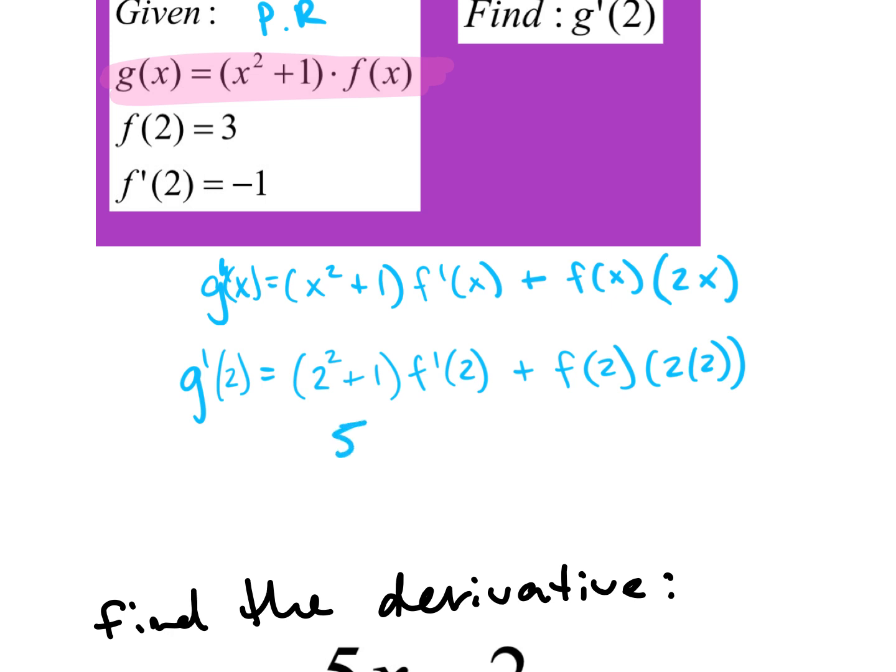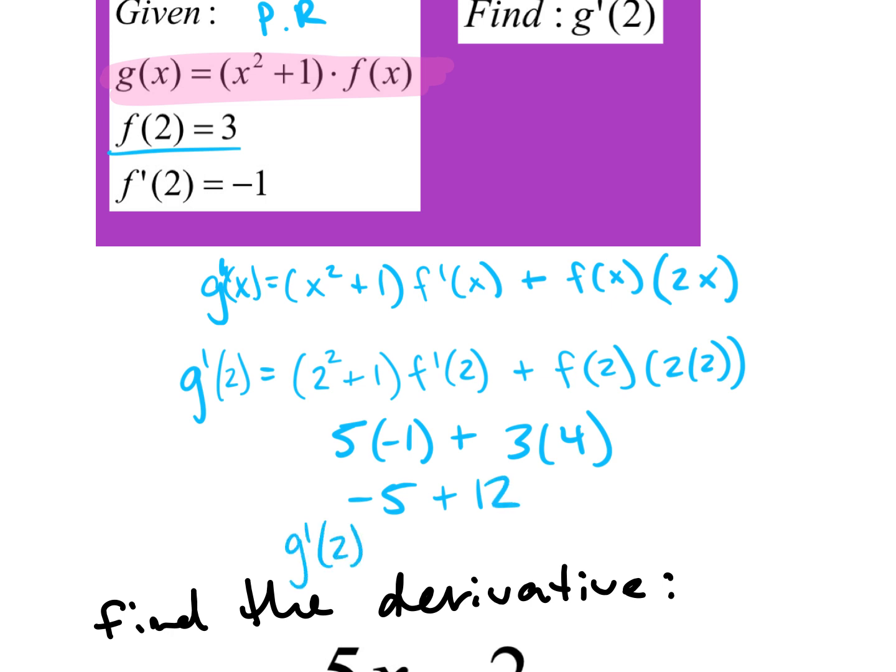What's f prime of 2? Negative 1. Plus, what's f of 2? 3. And 2 times 2 would be 4. So 5 times negative 1 is negative 5. Plus 3 times 4 is 12. So g prime of 2 would be 7.